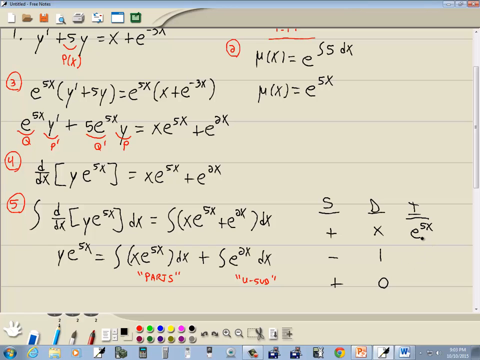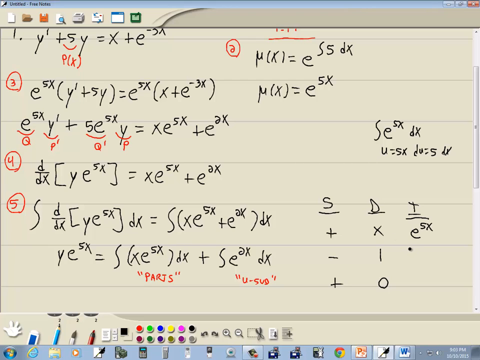And if I take the integral of e to the 5x, that's again a u substitution. Let me just show it here real quick. Hopefully that's what you remembered. So u would equal 5x, du would equal 5dx, which means we need a 5 in here, so we put a 1/5 out in front.